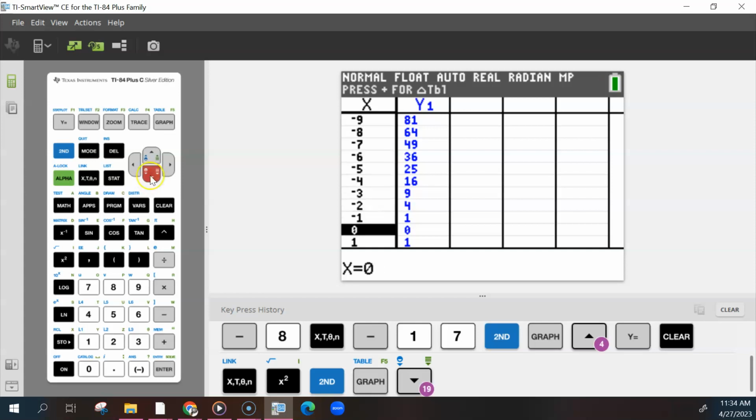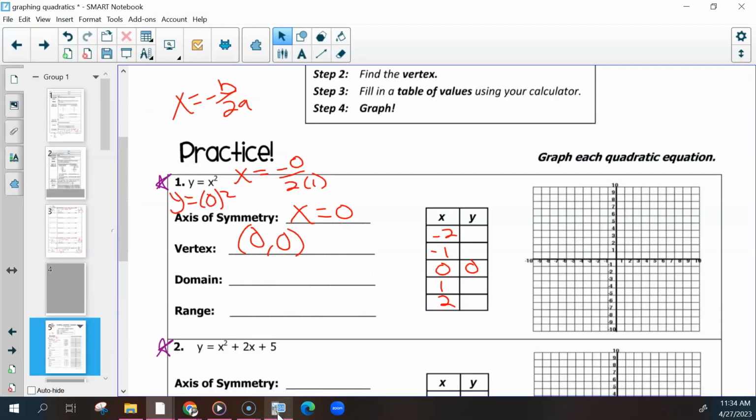There we go. And we're looking for these 5 values so we can fill in the table with those y values. -2, 4, -1, 1. What's nice about this is once you have half of the table, the other half just repeats. So this should be 1 and then 4.